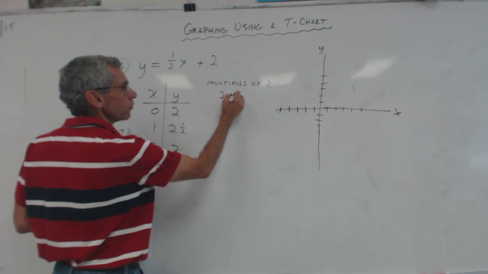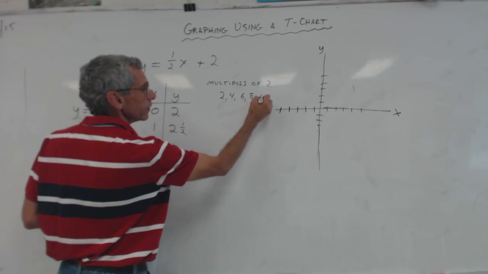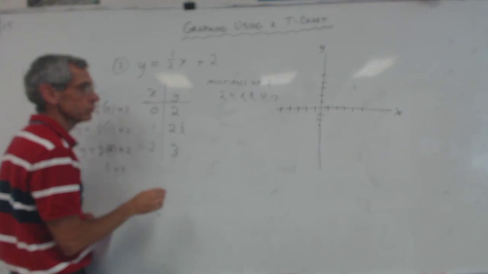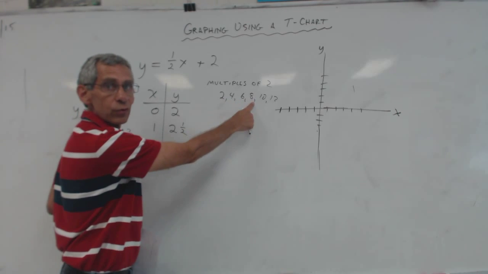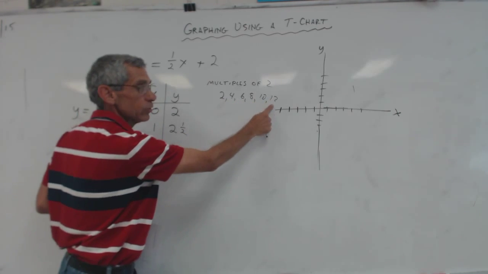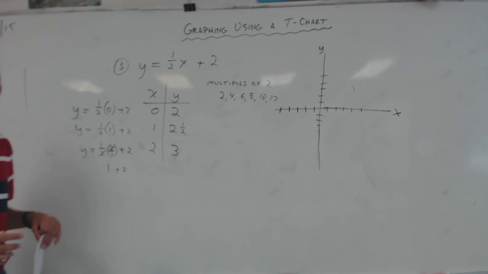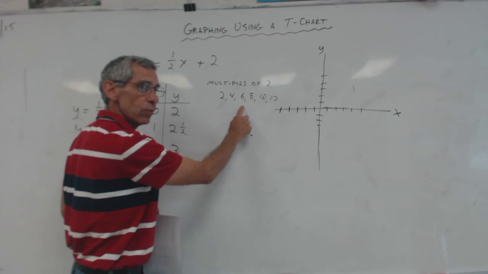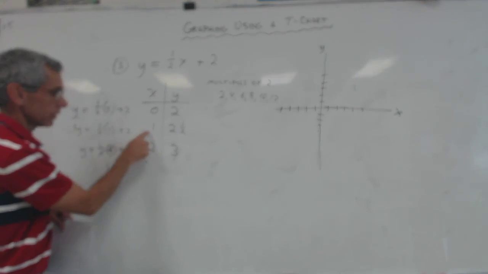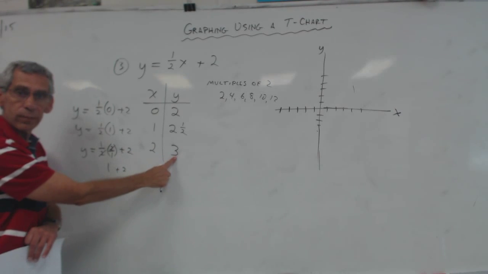So 2, 4, 6, 8, 10, 12. 2 times 1 is 2, 2 times 2 is 4, 2 times 3 is 6, 2 times 4 is 8, 2 times 5 is 10, 2 times 6 is 12, whatever, right? If I used any of these multiples, are you guys listening? If I used any of these multiples in here, I will always get a whole number.